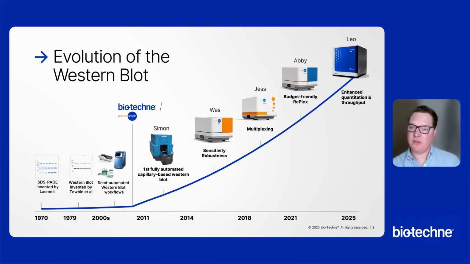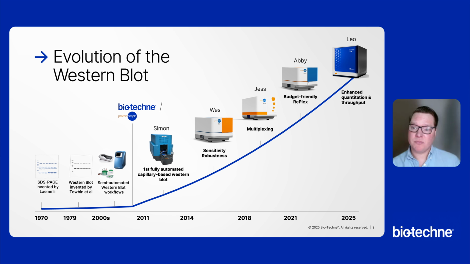Then, in 2011, ProteinSimple, a biotechnology brand, launched the first fully automated capillary-based Western blot, called Simon. Ten years ago, an improved instrument called Wes combined the individual capillaries into pre-assembled cartridges and offered significant improvements in sensitivity, robustness, and ease of use.